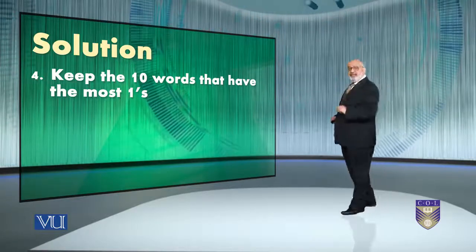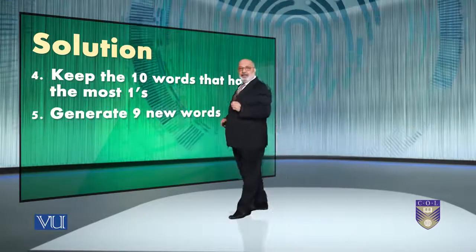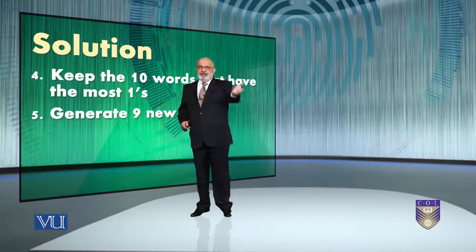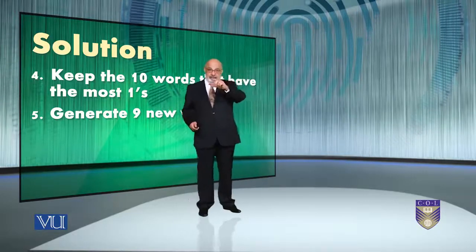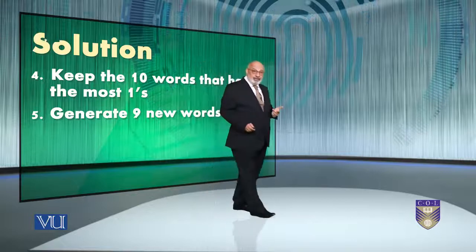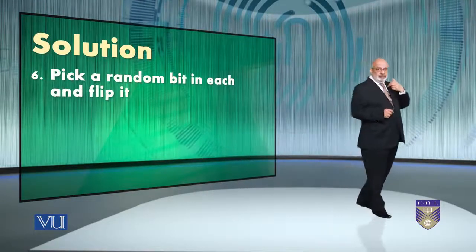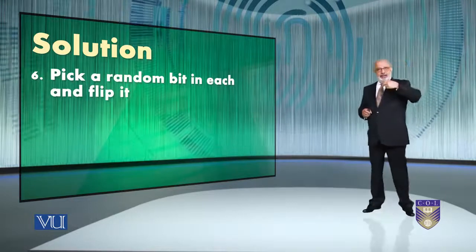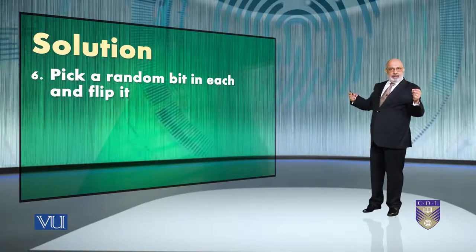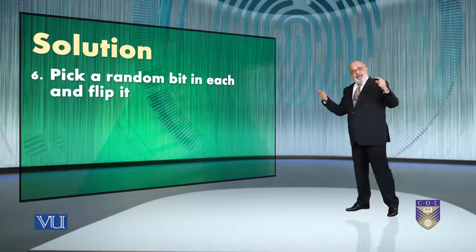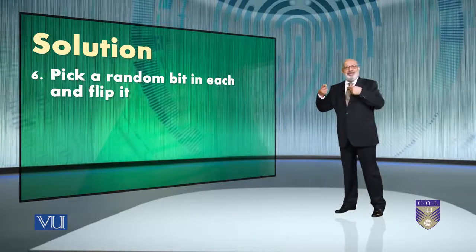Now, from each of these 10 words that you have shortlisted, we generate 9 new words. How do we choose them? We pick up one word and flip one of the bits from the 32 bits. Flip, meaning if any of the bits is 0, make it 1, or you can switch 1 to a 0.